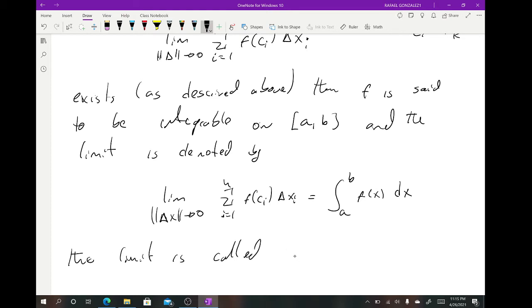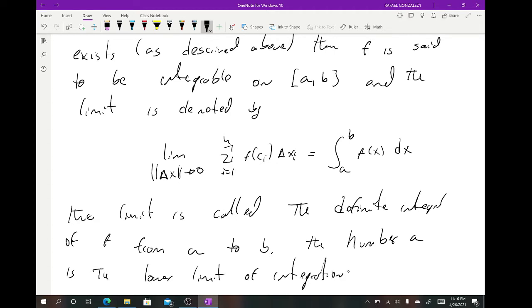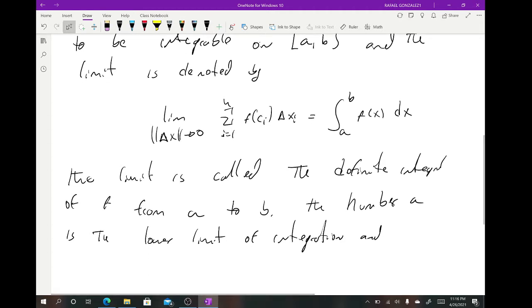Now this limit is called the definite integral of f from a to b. Now the number a, well, the number a is what we call the lower limit of integration, and the number b is the upper limit of integration.